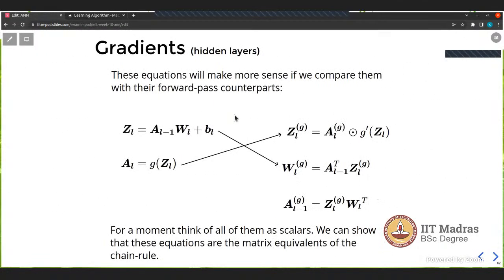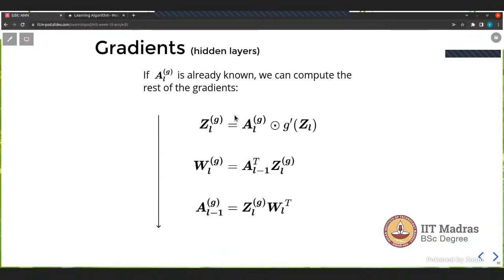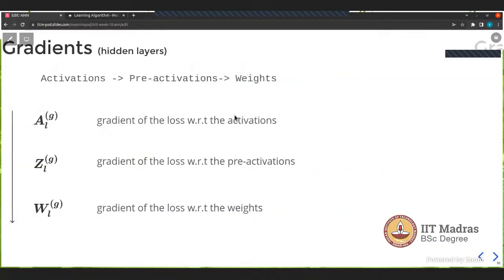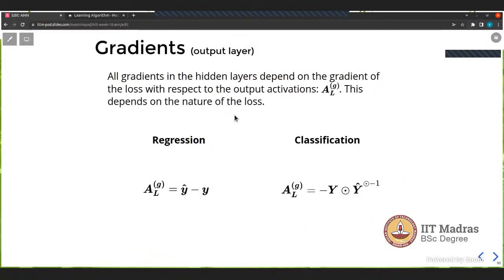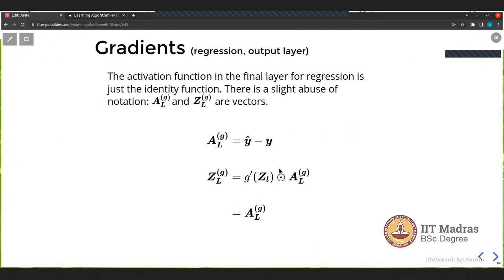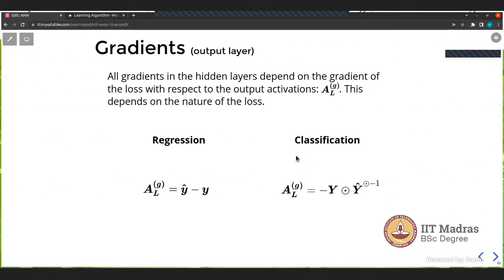It says gradient of the output layer, that's y hat. Yeah, this one, the classification part.